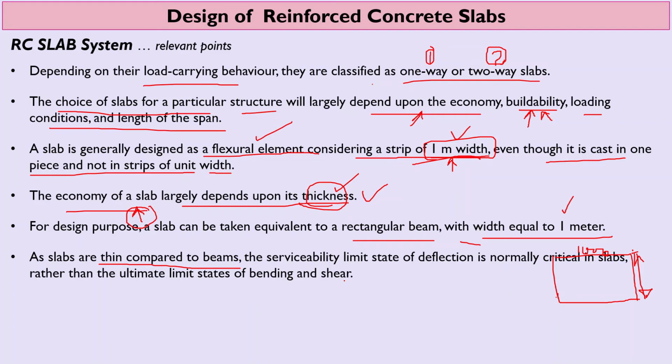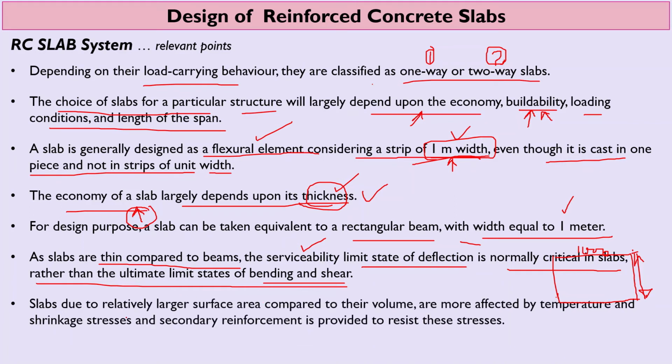But in case of slabs, you will find that most slabs have a thickness ranging from 150 mm to 200 or 220 mm. So the serviceability limit state of deflection is normally critical in these types of slabs, rather than the ultimate limit state of bending and shear. So a very important aspect of slab design is serviceability, which we have to take into consideration carefully.